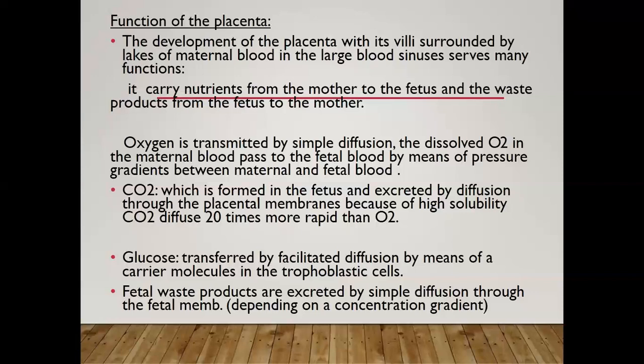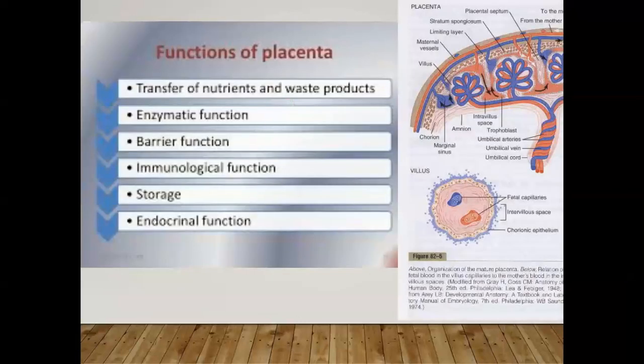Glucose molecules transfer to the fetus by facilitated diffusion by means of carrier molecules in the trophoblastic cells. Fetal waste products are excreted by simple diffusion through the fetal membrane, depending also on concentration gradients.